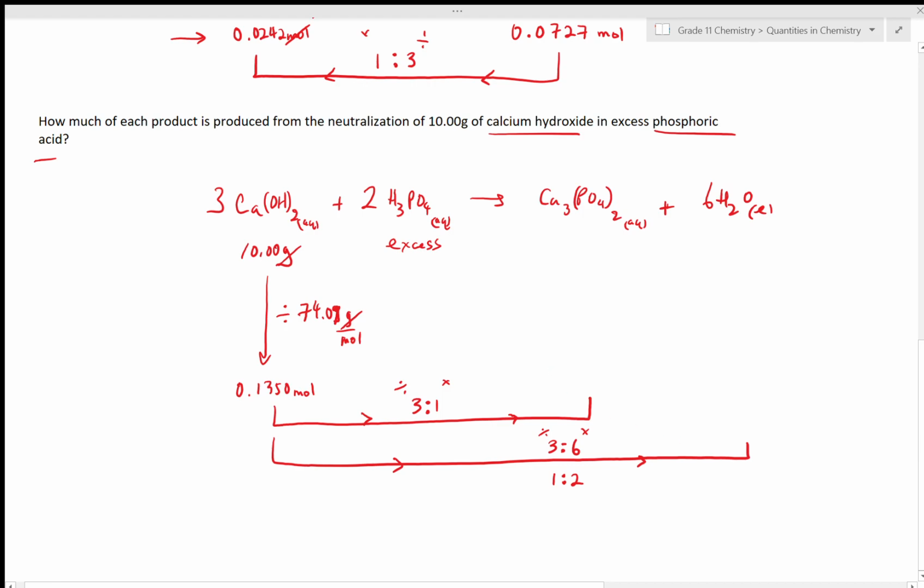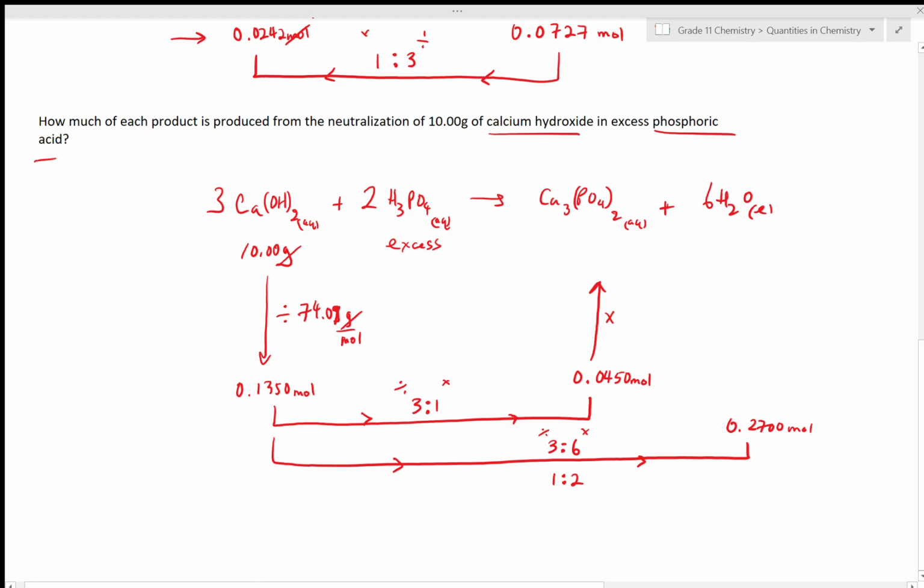In any case, we end up with 0.0450 moles of the calcium phosphate and 0.2700 moles of my water here. And then of course we need to get the reaction moving forward and determine how much in terms of mass we have of each. So I'm going to convert my moles here to mass.